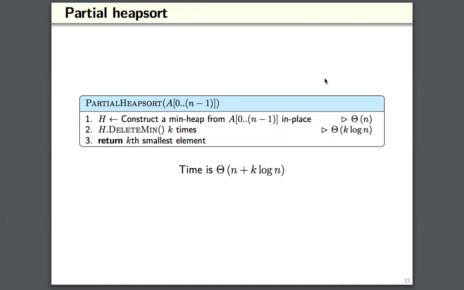In fact, though we did not look at this algorithm, you can construct a min heap or a max heap from an array in n time, in place. We will not look at this algorithm due to time constraints, but you can construct a min heap using an array in n time.